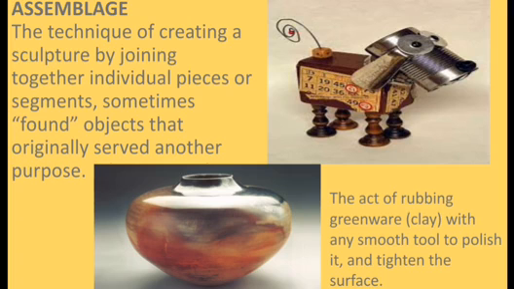The next is assemblage. What is assemblage? The technique of creating a sculpture by joining together individual pieces or segments, sometimes found objects that originally served another purpose. Yes, the first picture there is referred to as assemblage. In our local schools here, we call it junks.